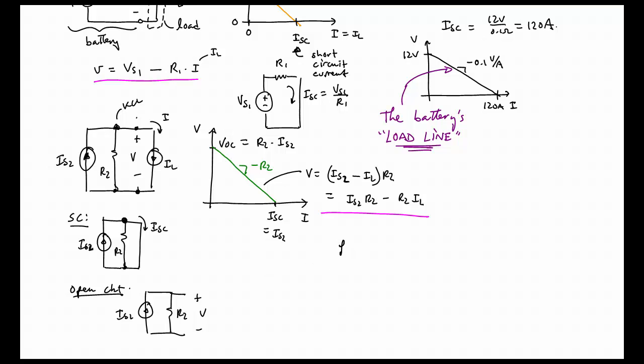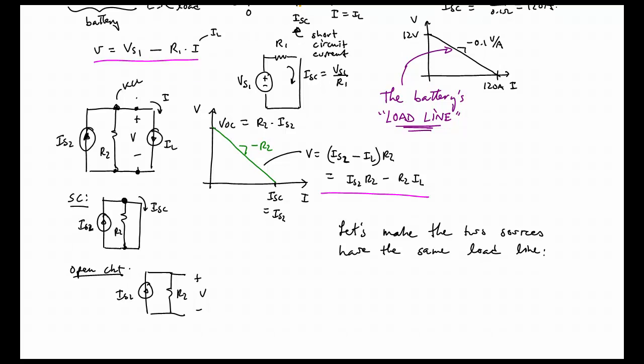So let's make the two sources, and when I say sources, I mean the ideal source and the resistor, have the same load line. How do we do that? We would say that V is equal to VS1 minus R1 times I load.